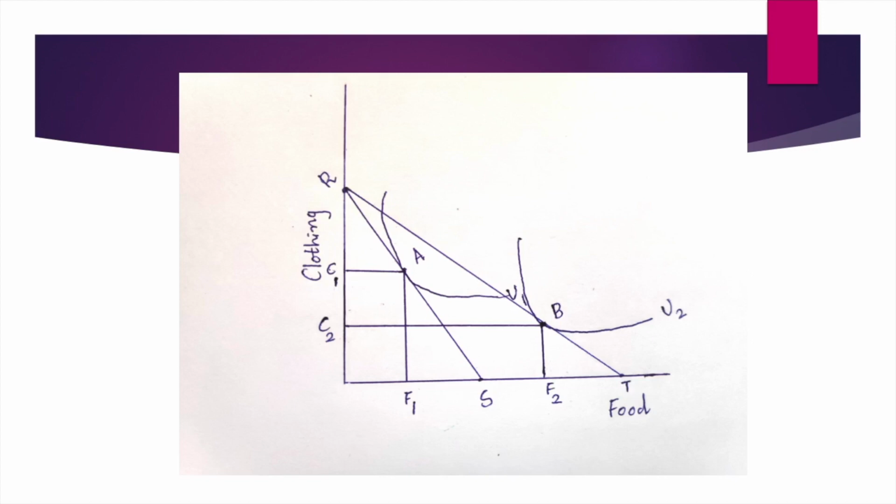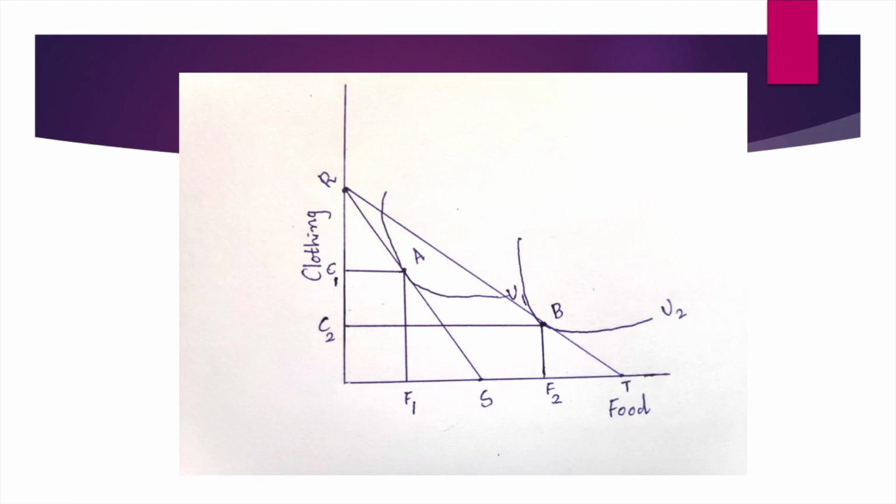Note that here market basket B was chosen even though market basket A was feasible and available to the consumer. As we studied in the theory of revealed preference, this means that the basket B is preferred to A. So, the consumer is able to increase his satisfaction by moving from A to B.